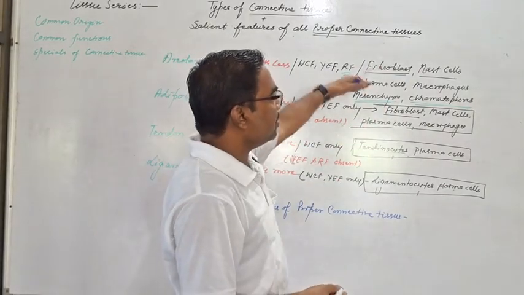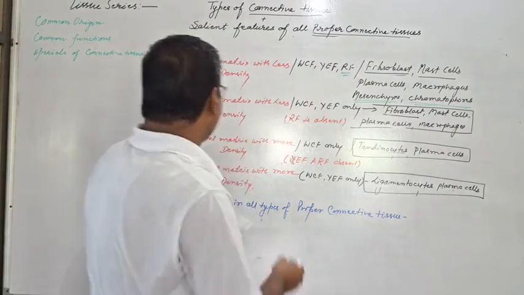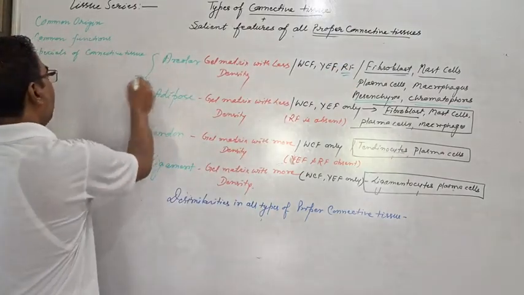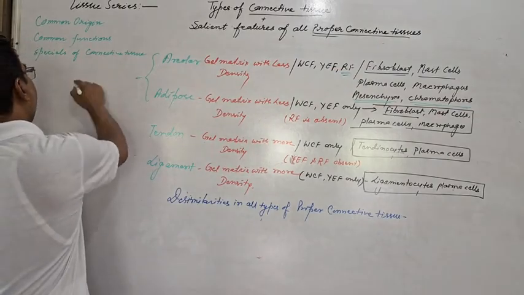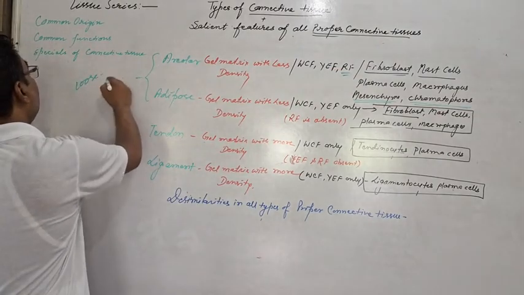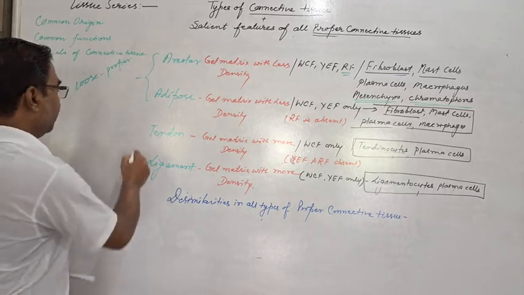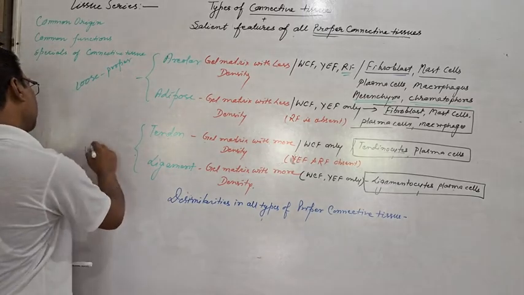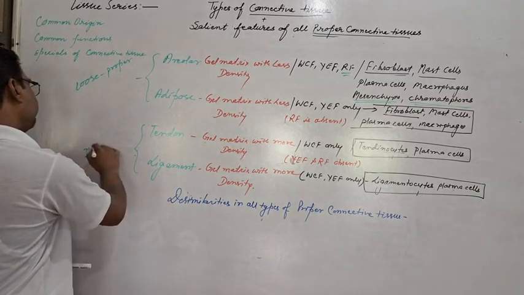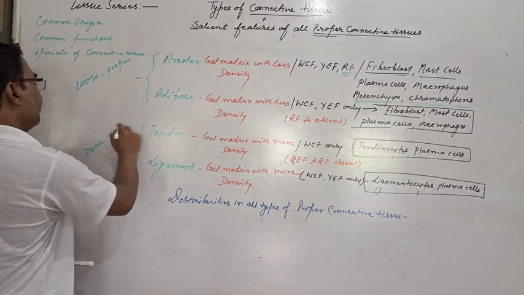So adipose has all four types of areolar. That's why these two belong to loose proper type of connective tissue. These two belong to dense proper connective tissue.